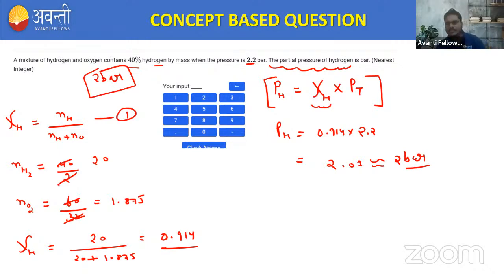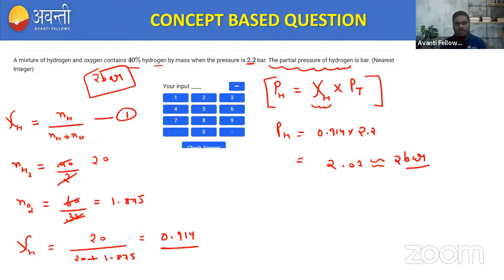Quickly tell me, did everyone understand? How did we do it? In any question, some basic terms are always required from your side. If you know that a mixture of 40%, 60%, all these things we already studied in the first chapter, the mole concept, when we discussed molarity, mass percentage, mass by volume percentage and all these things.